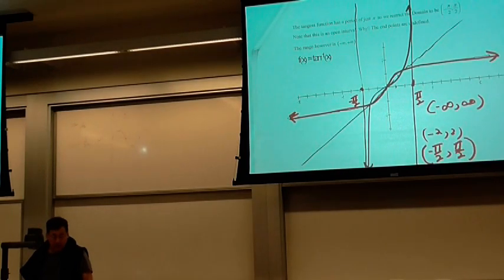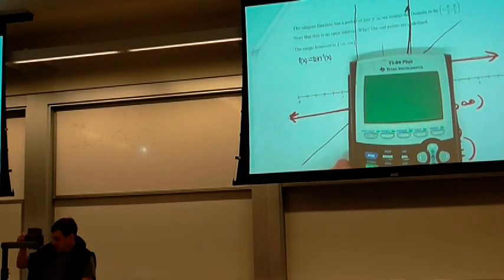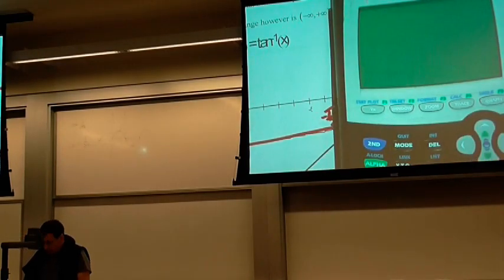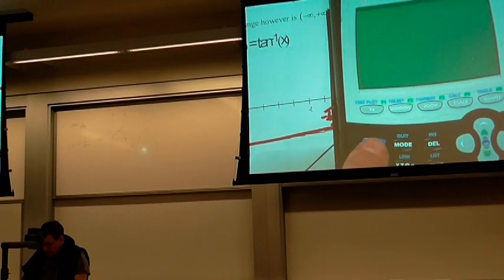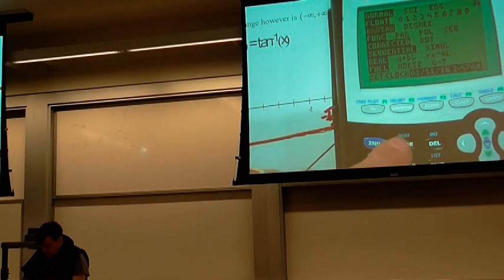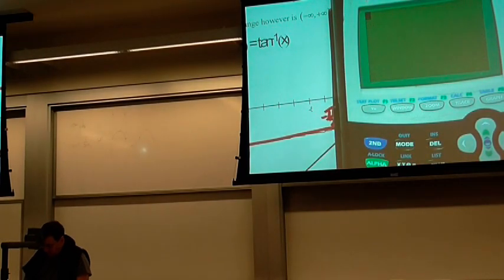And again, that tells you the values that your calculator is going to provide for you. Let me double check here. I want to go back into radian mode. So let's just check what I just said.